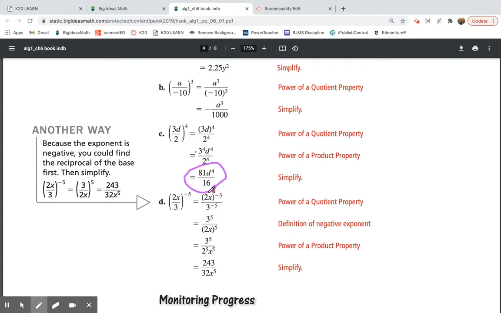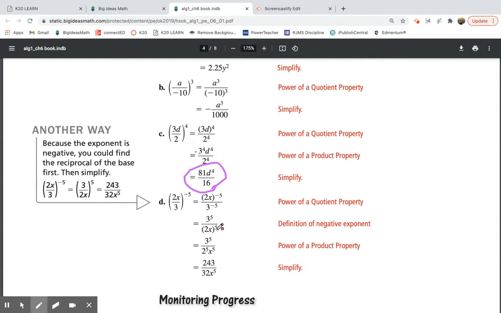But since this top one is negative and the bottom one, if you did that to both of them, basically this whole fraction just flips and they become positive exponents. So this 3 to the negative fifth on bottom now comes to the top as 3 to the positive fifth power. And this 2x to the negative fifth power on top now flips to the bottom, 2x to the positive fifth power now.